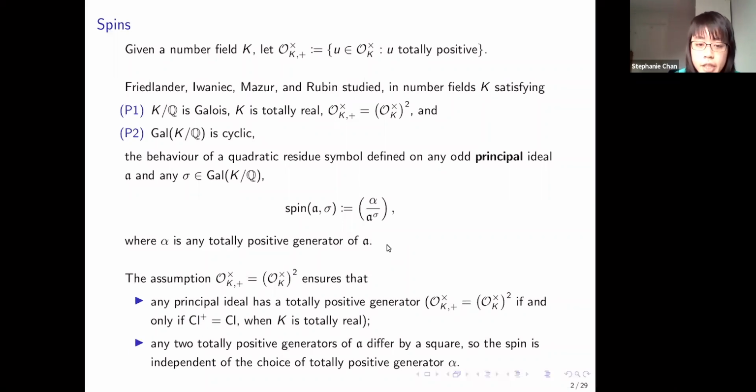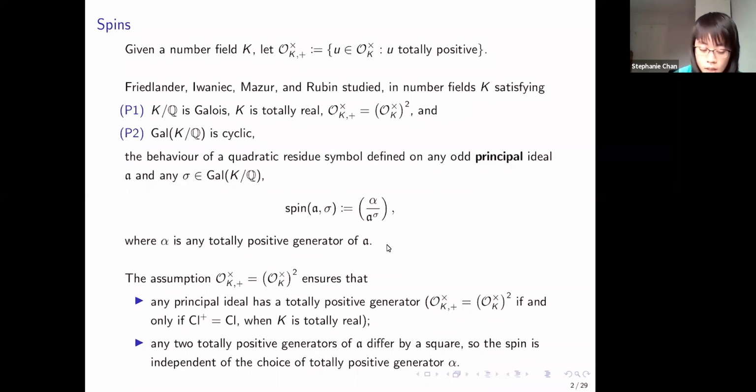In particular, the assumption that all the totally positive units are squares ensures that we can take an alpha that is totally positive, because under the assumptions the narrow class group and the ordinary class group always coincide, and we can always pick a totally positive generator in a principal ideal A. And second, because any two totally positive generators differ by a square under this assumption, any two choices of alpha mean the sign of the spin stays the same.